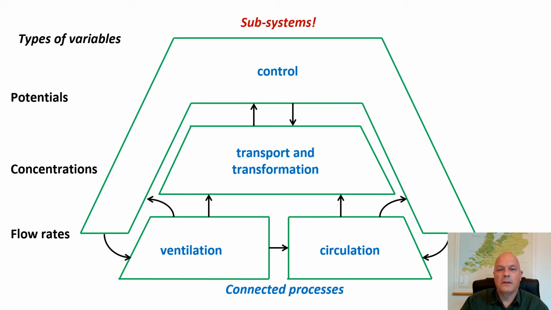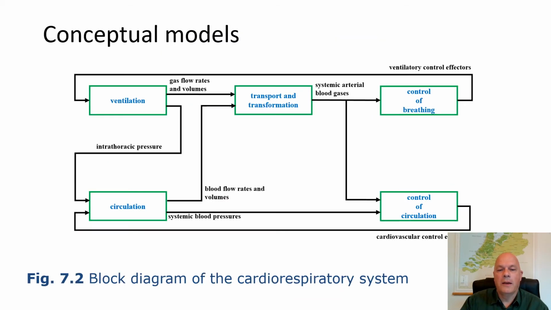But we did make a more traditional block diagram. And this is one of the figures of my book. There's really only a minor change here. I separated the control of breathing and the control of circulation, but all the other systems and the variables that link them are there.